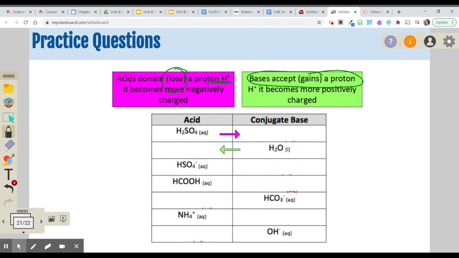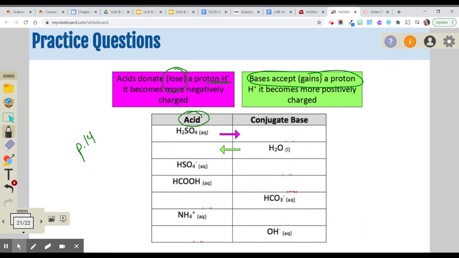So our acid basically has to always have one more proton than the base. Another way you can look at this, take a look at that chart on page 14 as I do this, and you'll probably find all of these acids and bases on that chart, and they're beside each other.